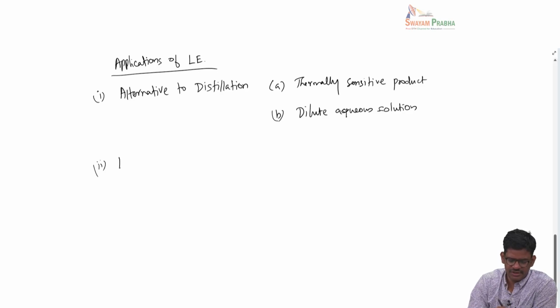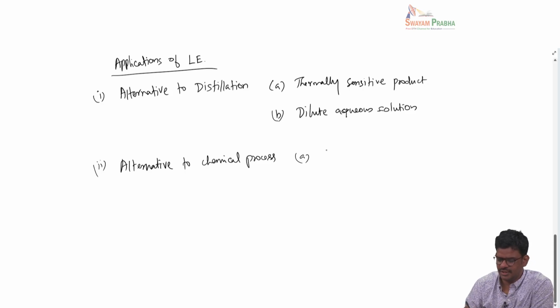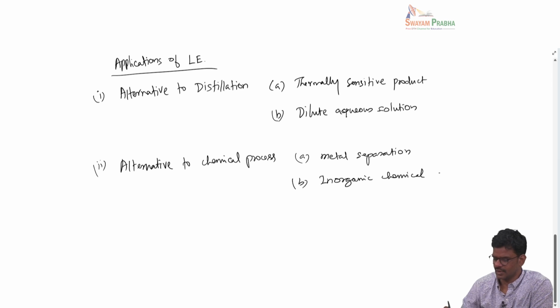Sometimes liquid extraction is also used to replace some of the chemical processes. This is an alternative to chemical process. So this involves, for example, metal separations, metal ore separation, and inorganic chemicals like phosphoric acid, boric acid.